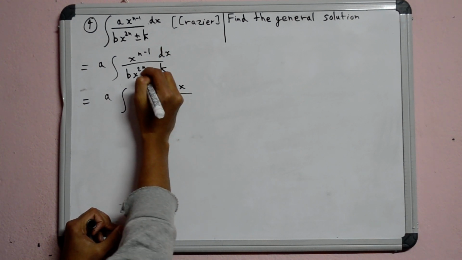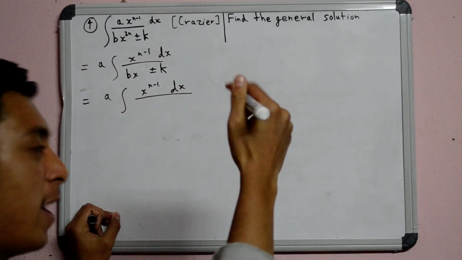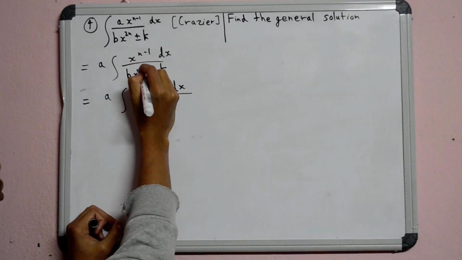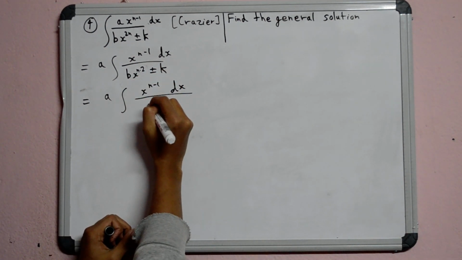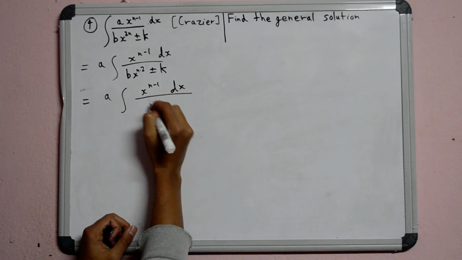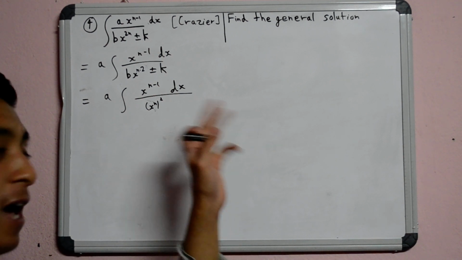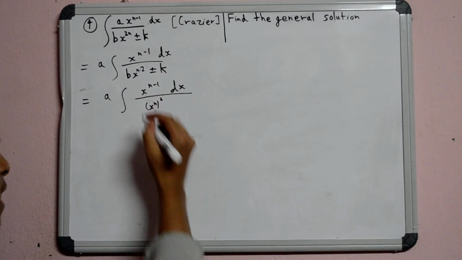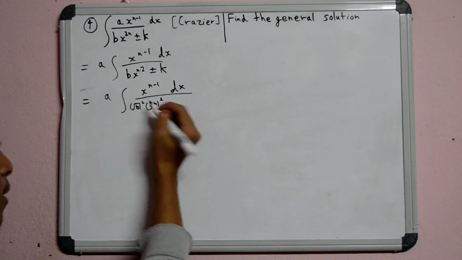What I'm going to do is, well, you can write x to the 2n as x to the n into 2, right? Obviously. And here I'm going to raise x to the n to the power 2, or simply x to the n squared. And this b right here, I can write it as square root of b whole square.